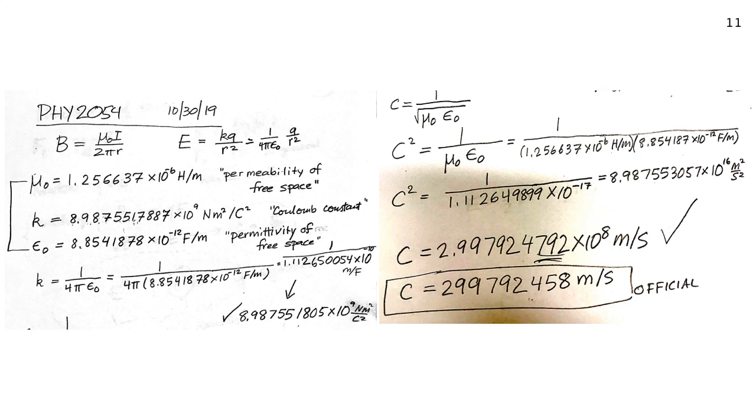C is equal to 1 over the square root of mu naught times epsilon naught. Is that correct? I don't think it's on that page. I think I didn't write it down, but I think this is correct.